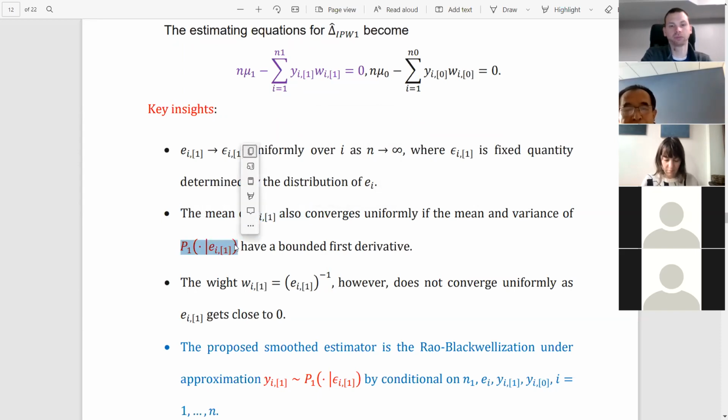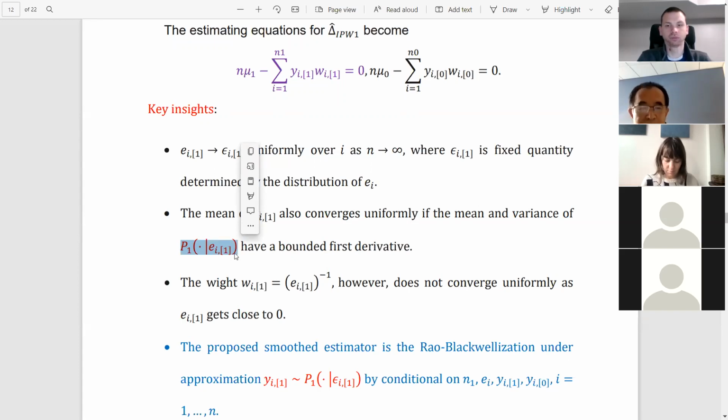because we have propensity score matching and propensity score stratification. They are all based on the idea that if two subjects have close propensity scores, then their mean and variance, or the distribution, will be close.